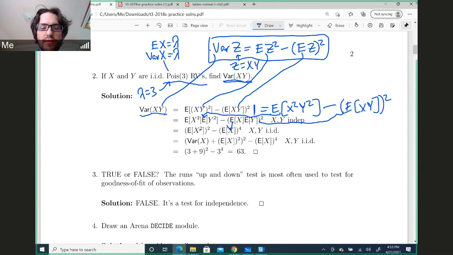So to get E of X squared, you have to use our favorite friend over here, the one I'm putting stars on, where the variance of a variable is equal to E of the variable squared minus the E of the variable, squared. And we can use that to get this value here.